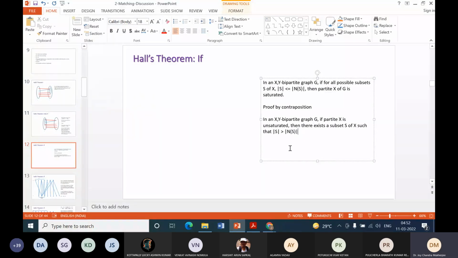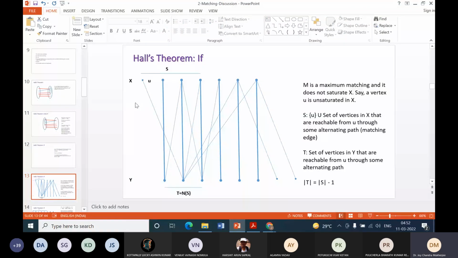So how do we do this? Our assumption is partite X is unsaturated. Suppose this is a bipartite graph, and here you see that partite X is unsaturated. So these are the matching edges. I should make them red, it will be easier for us to understand.